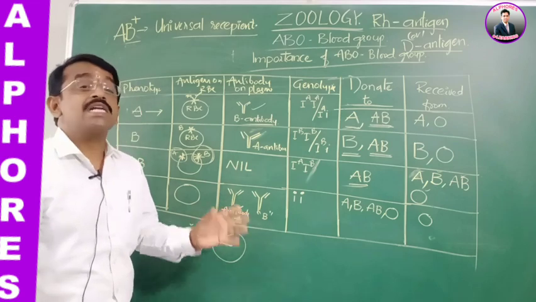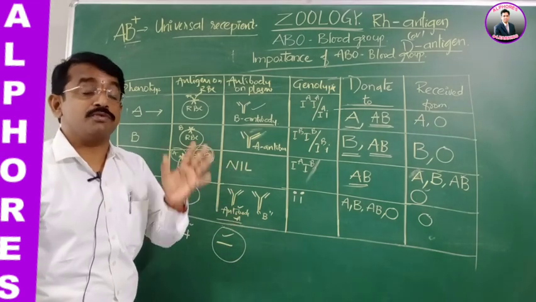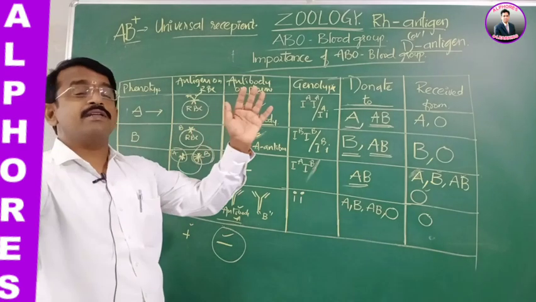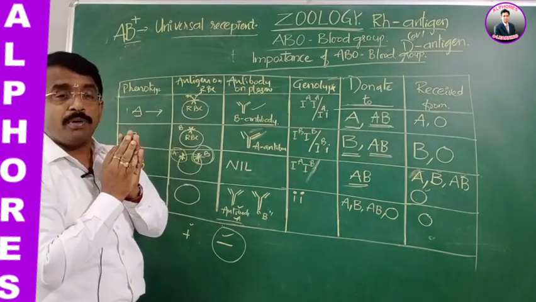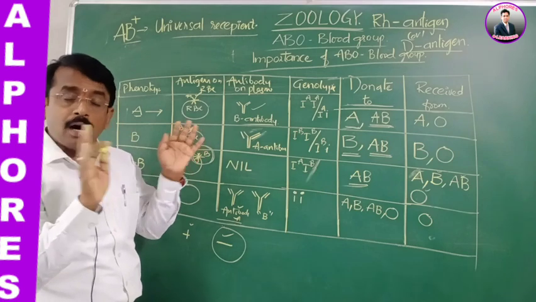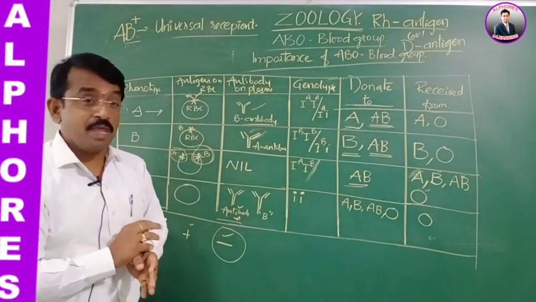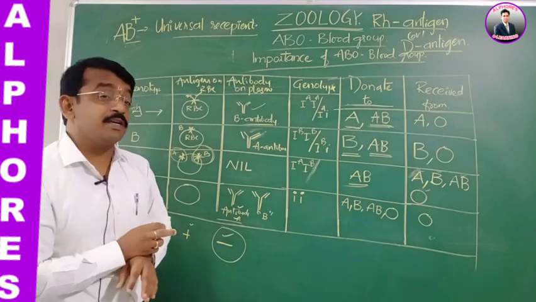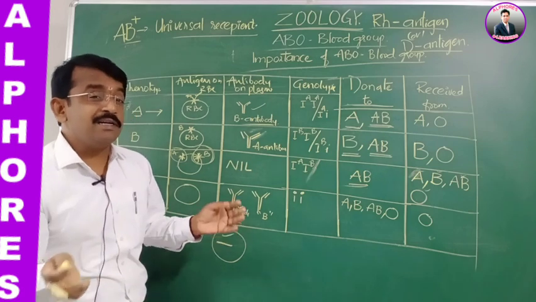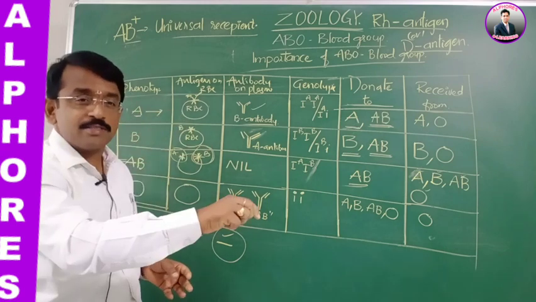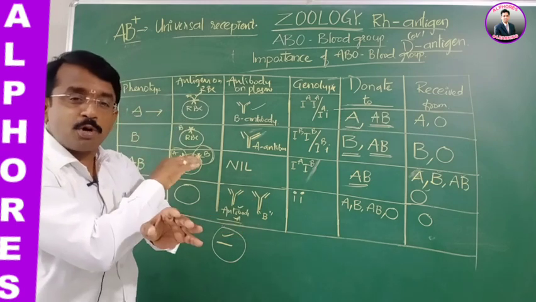Generally Rh antigens exist in the entire population, but Rh antibodies naturally do not exist. For clumping, what is needed? Similar antigen and similar antibodies. So Rh antigens naturally exist, Rh antibodies do not.